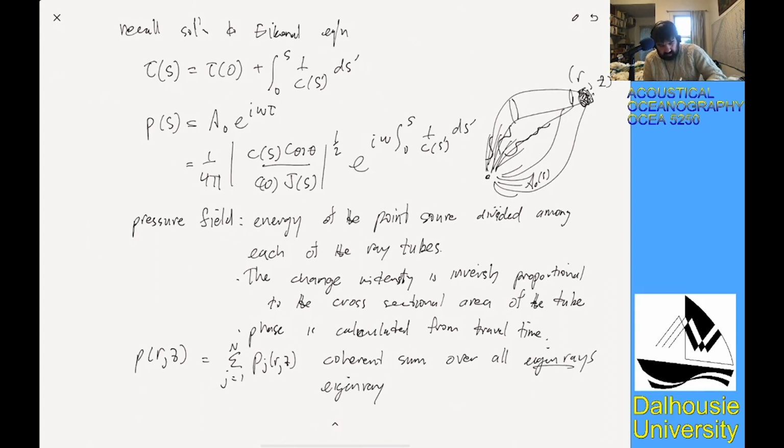Eigenrays pass through our receiver and source. So rays that contribute directly to the field.